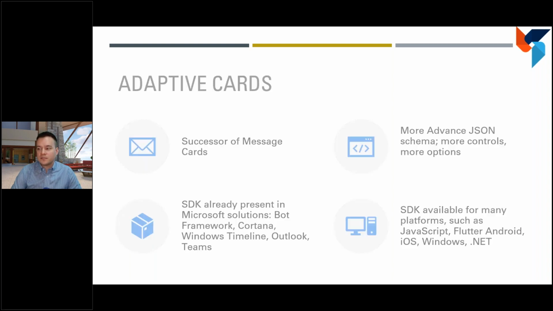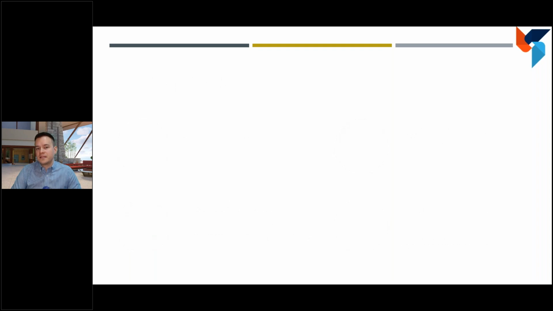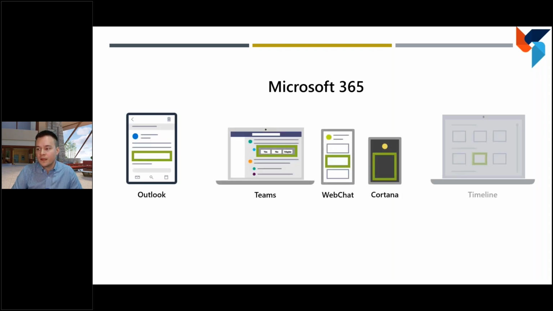What is also important in adaptive cards is that its SDK is open source. You can use it. It is hosted on GitHub, and it is already implemented in the majority of Microsoft applications. So you can use adaptive cards in Outlook. You can use them in Teams, in Cortana skills, in Windows Timeline, as well as in the Azure bot framework.